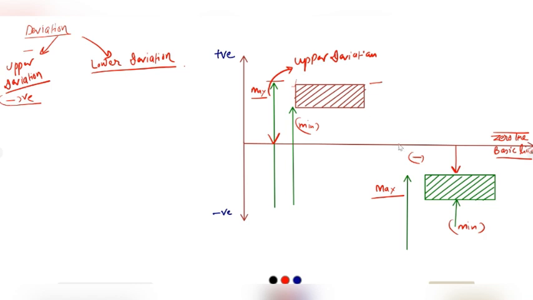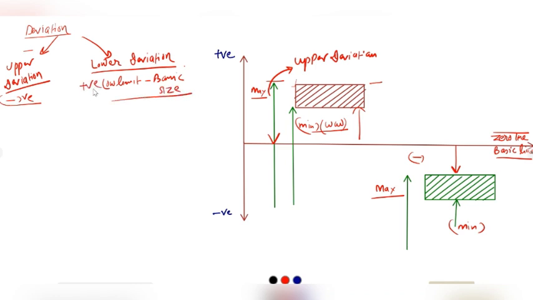Whatever be the difference between the lower limit and the basic line, so low limit minus basic size will give the lower deviation.